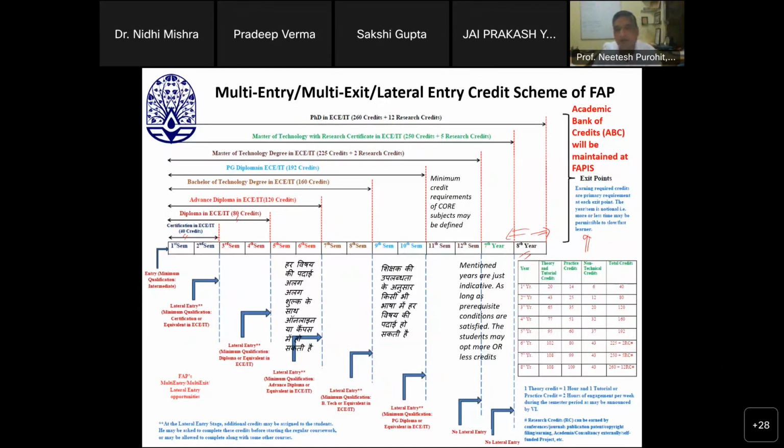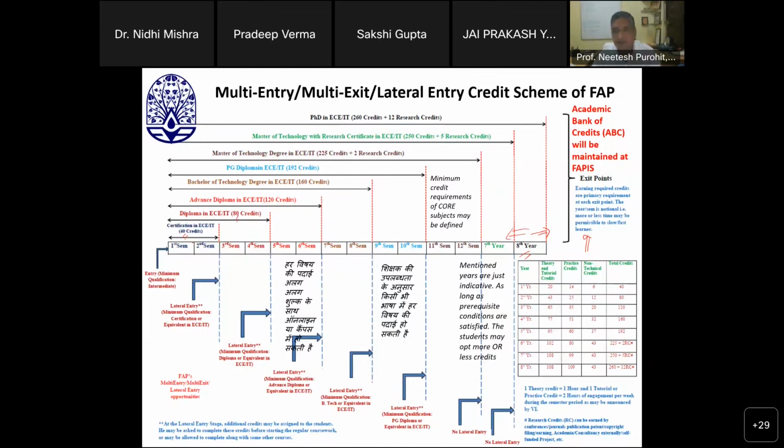And that's why for the FAP students, we have worked out and defined the fees in terms of the credits opted. It's not a semester fee. The notion of the semester fee has gone.